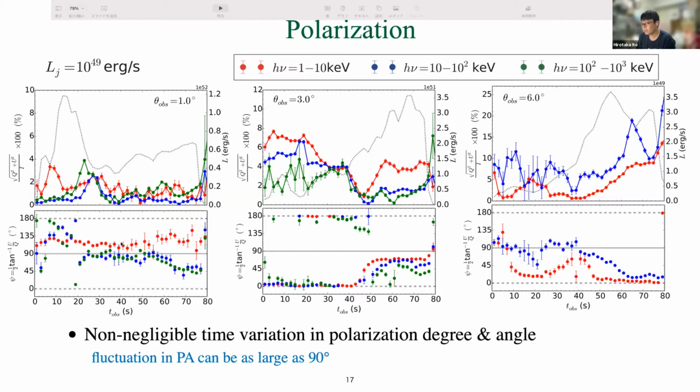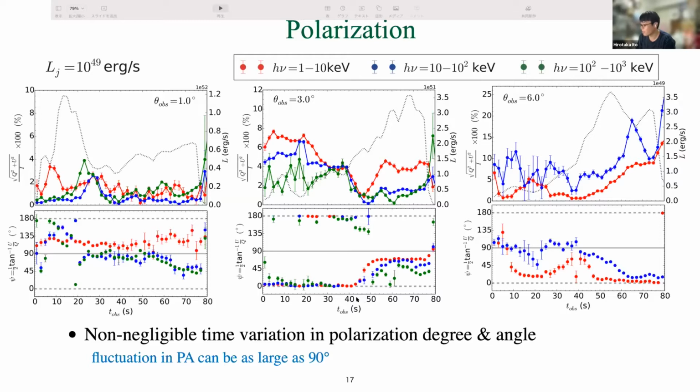The interesting feature we find is that not only the degree of polarization but also the angle changes with time, and the change in the polarization angle can be as large as 90 degrees.